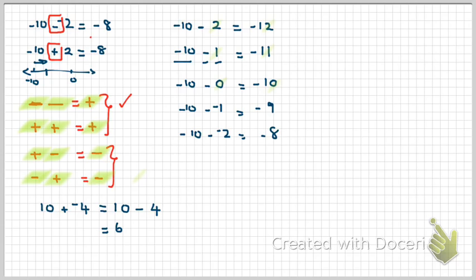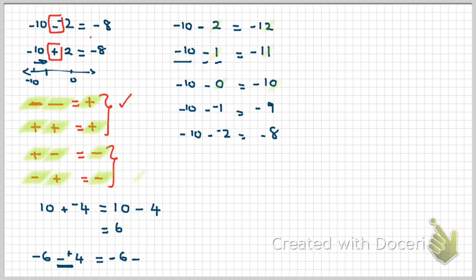If I have negative 6 minus positive 4, that negative 6 is just negative 6, but I have a minus and a plus next to each other, and again they don't get along.